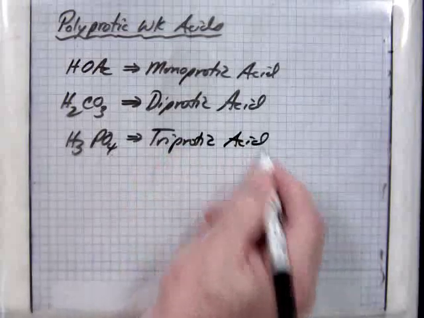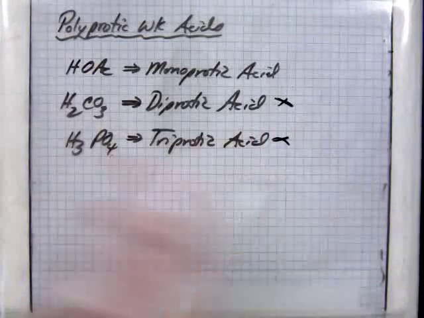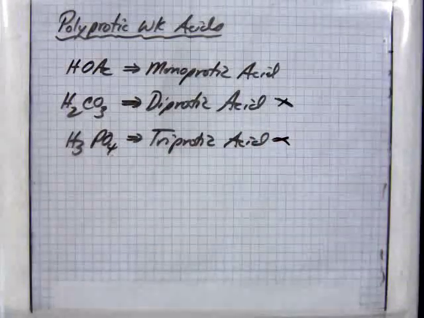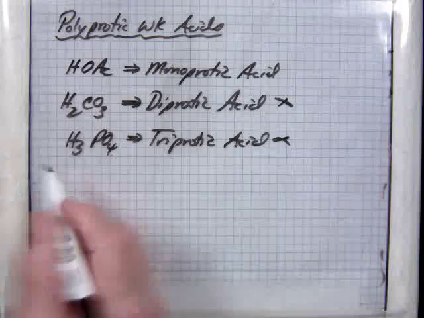Now, those diprotics and triprotics or tetraprotics, whatever polyprotic structure you have, ionize one at a time, and you have to calculate their hydronium ion concentration for each individual ionization.